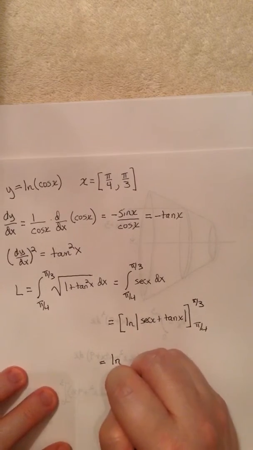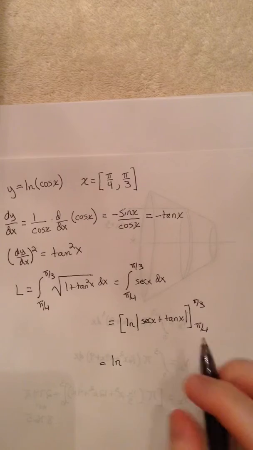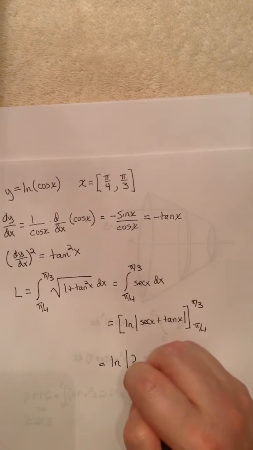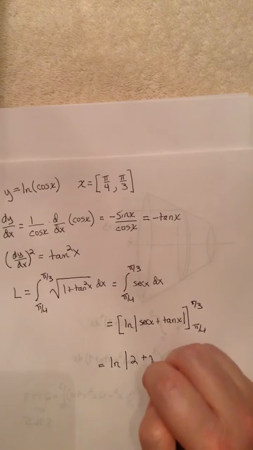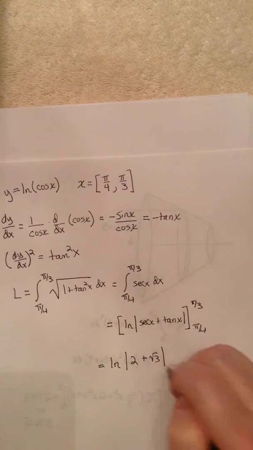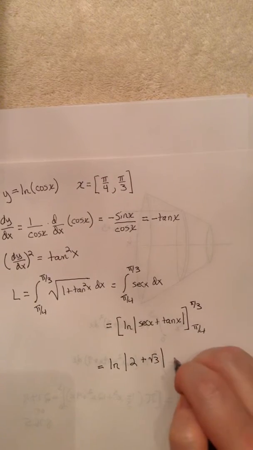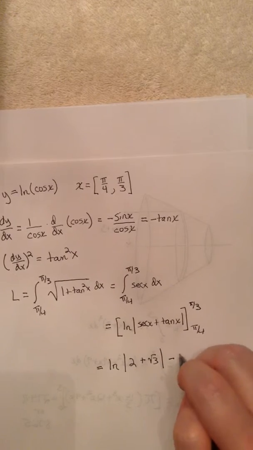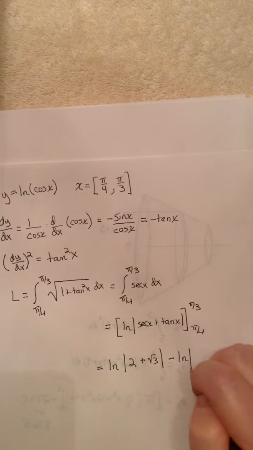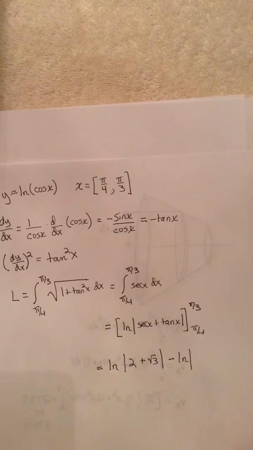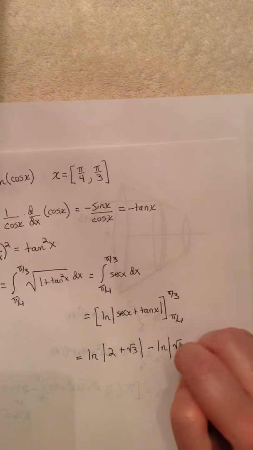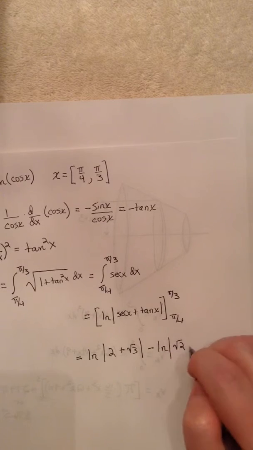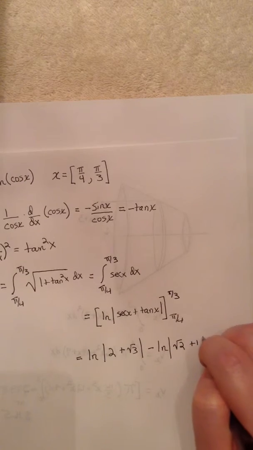Now, at pi over 3, the secant is going to be 2, and at pi over 3 the tangent will be the square root of 3. In the application of pi over 4 as the lower limit, we're looking at the subtraction of the natural logarithm. The secant of pi over 4 is going to end up as the square root of 2, and the tangent of pi over 4 is going to be 1.